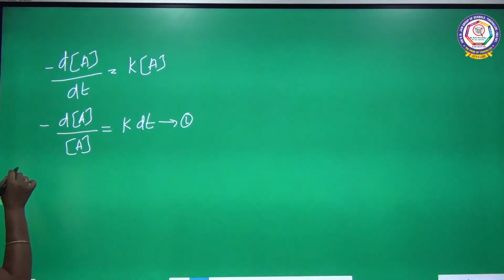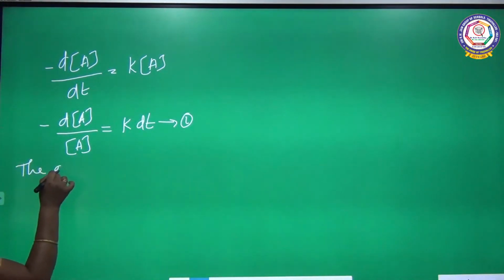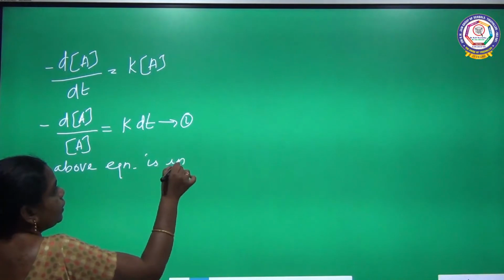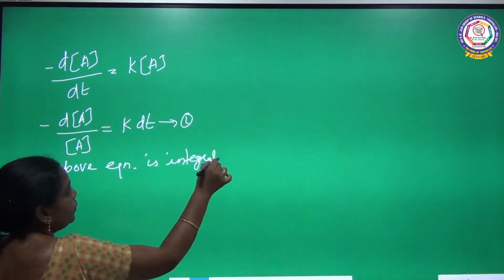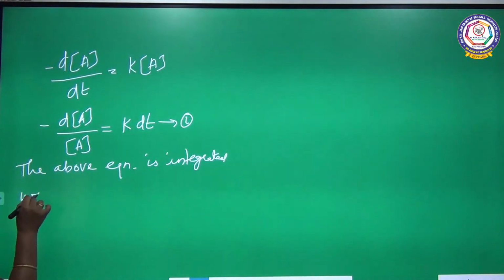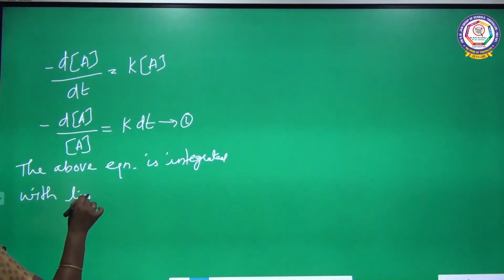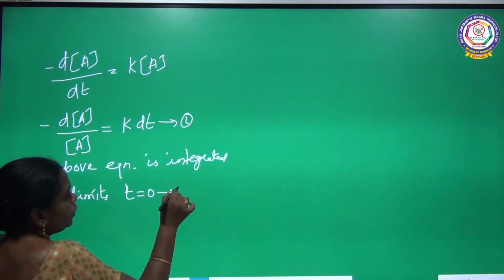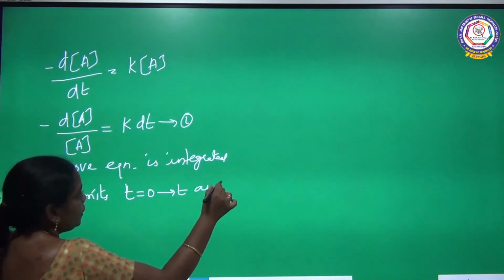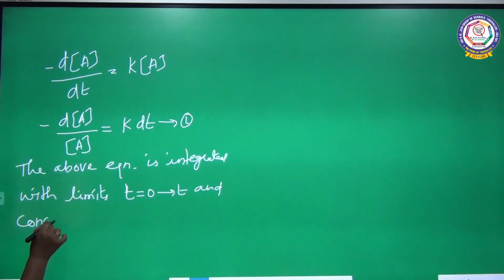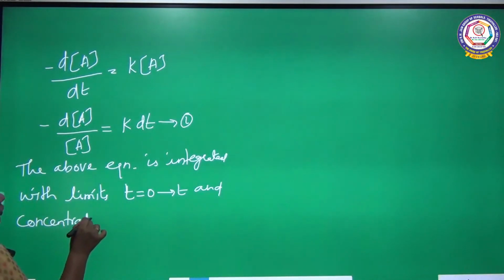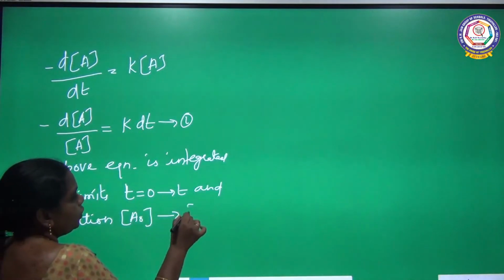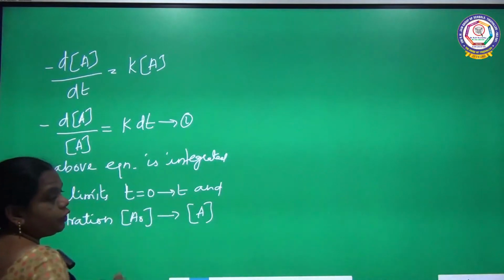So equation 1 is going to be integrated with limits: time t equal to 0 to t, and concentration from the initial concentration A0 to A with respect to time t.